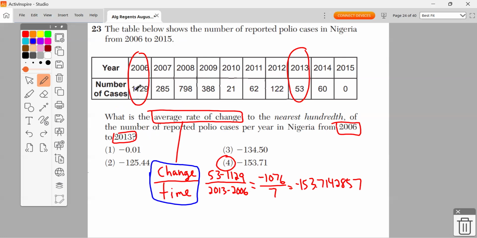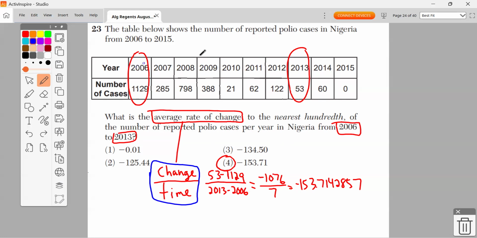Now, I'm actually going to subtract the opposite way. I'm going to do 53 minus 1,129, because I can see that my numbers are going down. In order to show a decrease, I need to do it that way. So 53 minus 1,129 is negative 1,076.